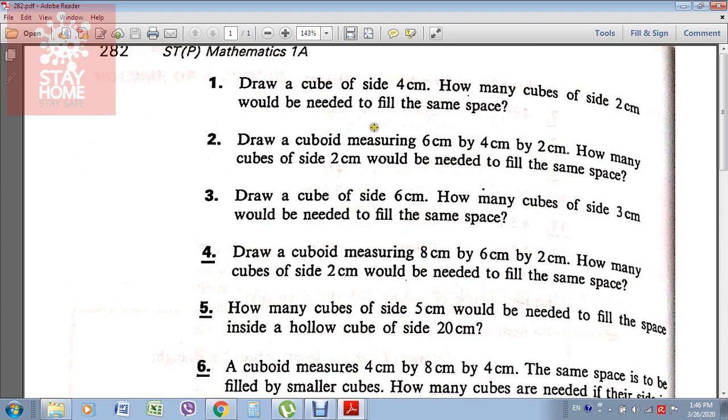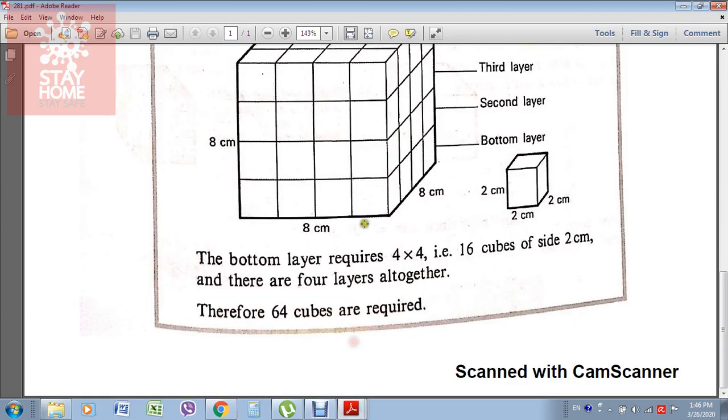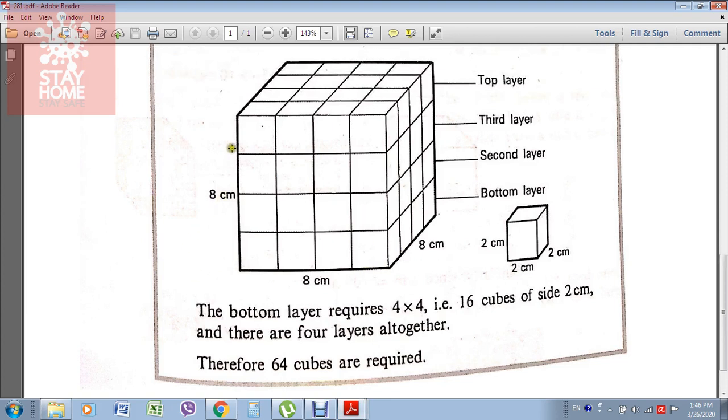Come back to the same question. See here, 8 centimeters, and in question number 1, 4 centimeter. So the answer will definitely be half, because this 2 centimeter is the same. Just remove the upper and lower 2 layers. 1, 2, 3, 4, 5, 6, 7, 8.